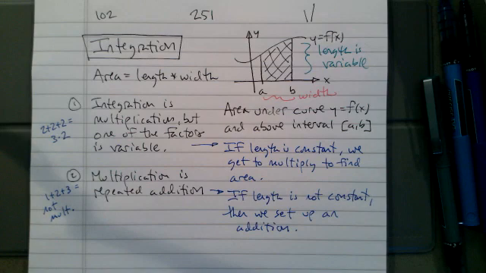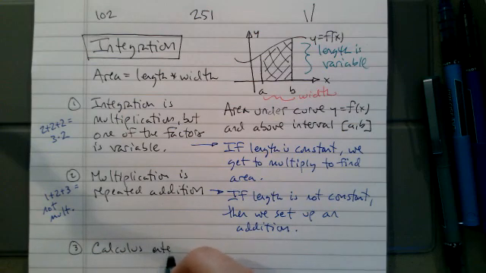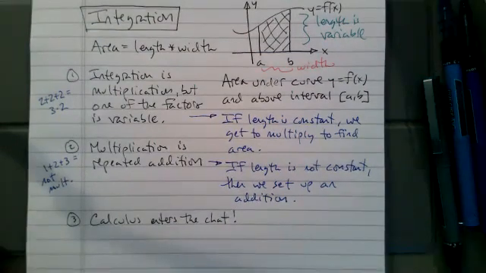The calculus phase of the operation is to set up an addition with an infinite number of terms, and then think about what that means. Switch from a discrete sum to a continuous sum. So the calculus portion is when we upgrade our discrete sum to a continuous sum.